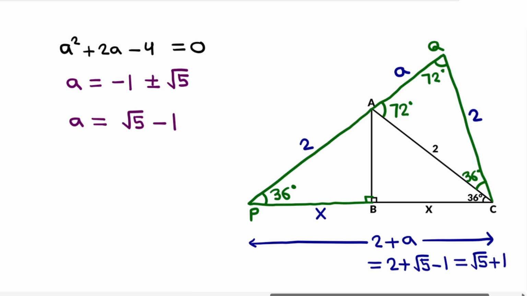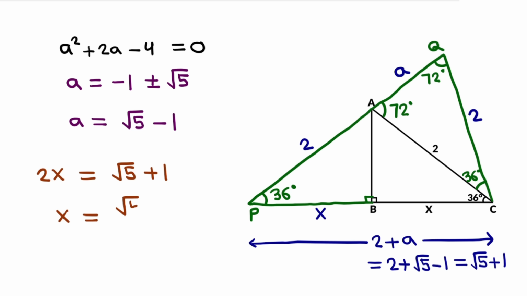But PC also equals 2x. So 2x equals √5 plus 1. Divide by 2. And finally, x equals (√5 plus 1) over 2.